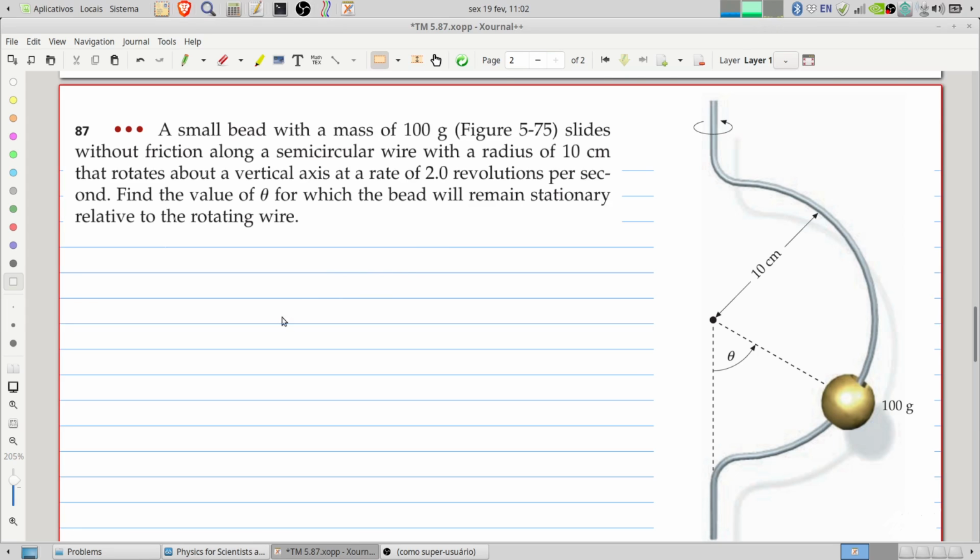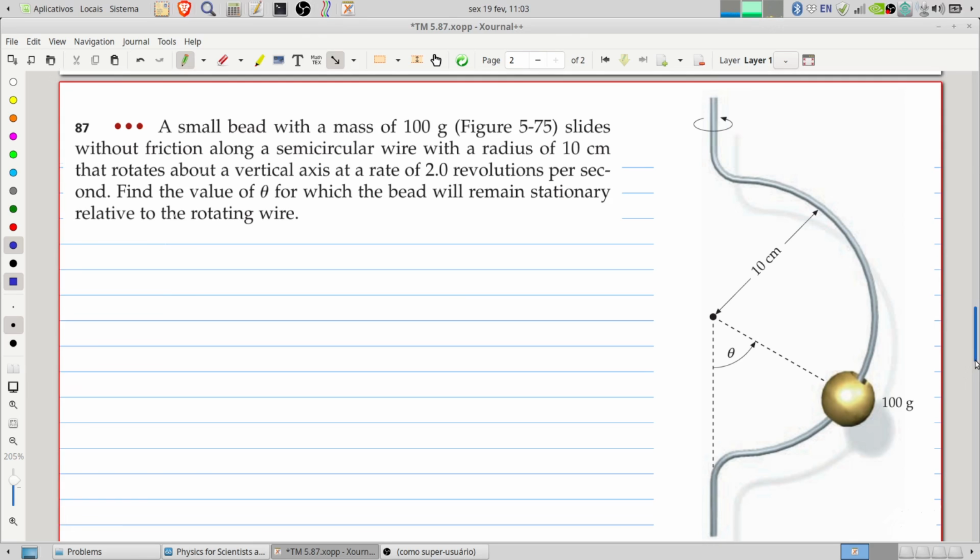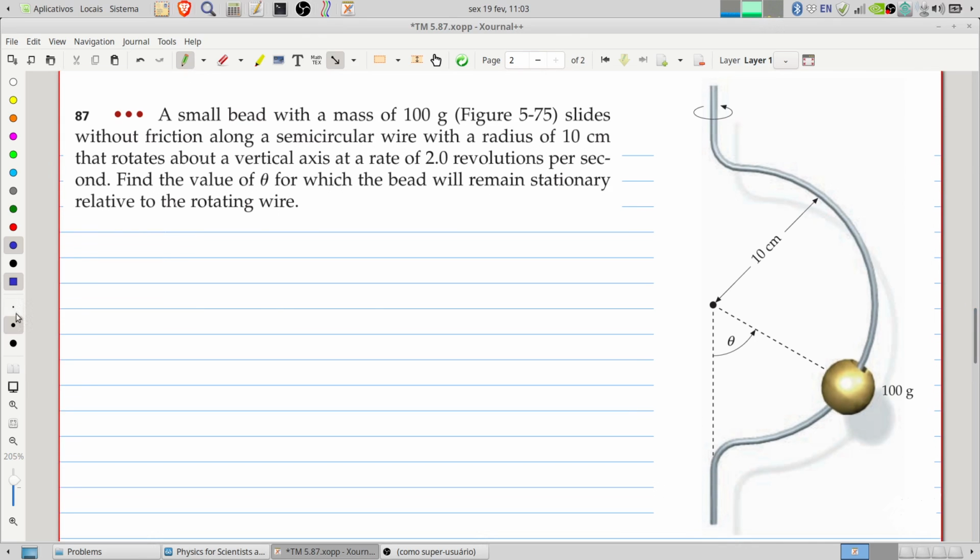Okay, let's start identifying the forces acting on the bead. We'll have, of course, the gravitational force, the weight. So here, let's draw it. Here we have the weight and also the reaction of the wire.